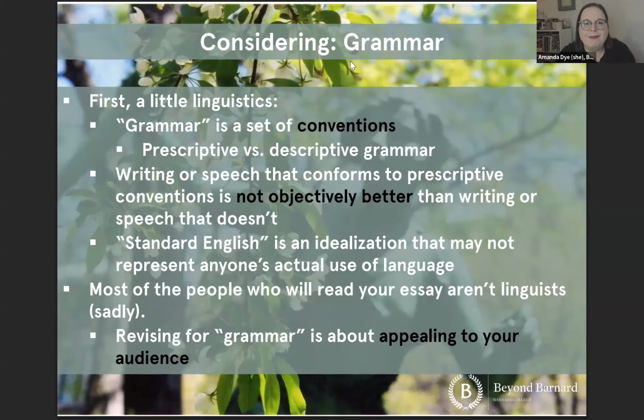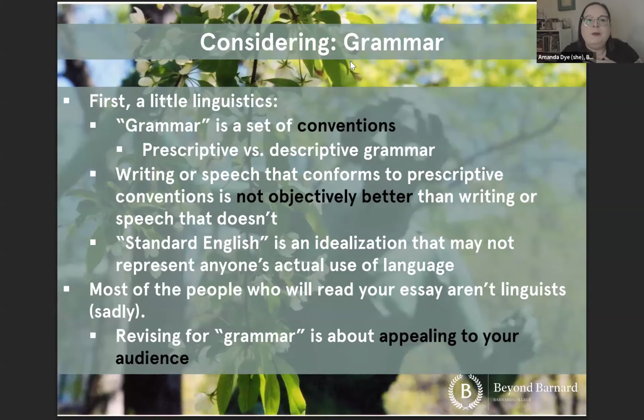Grammar is also something that we want to pay attention to. Some of you out there may know that my background is in linguistics, so I have to say a few caveats before I talk about this. First, I and most linguists believe that what we call grammar is a set of conventions.